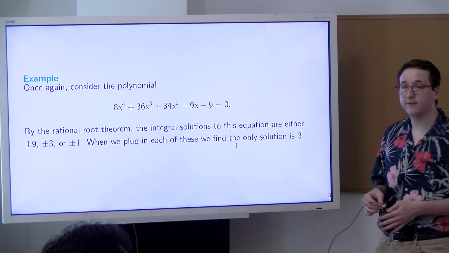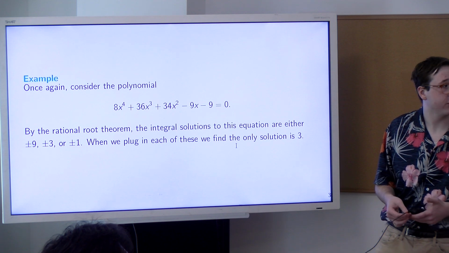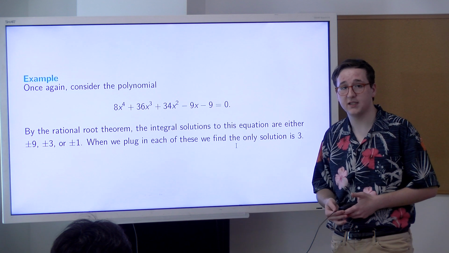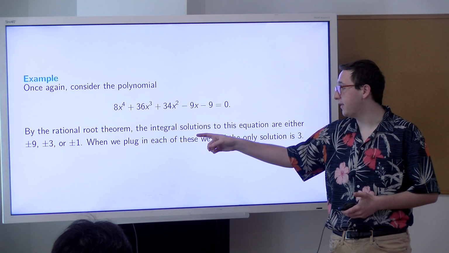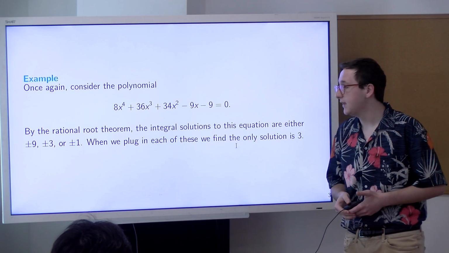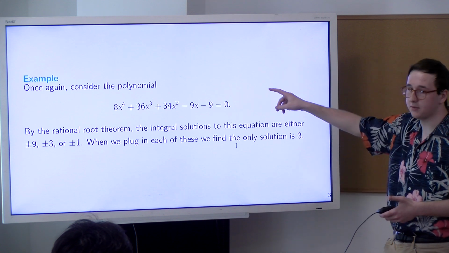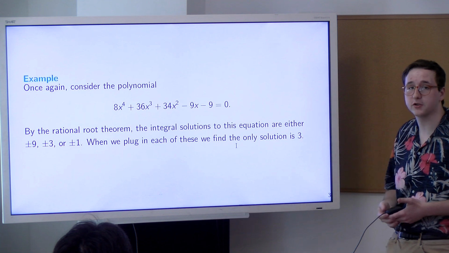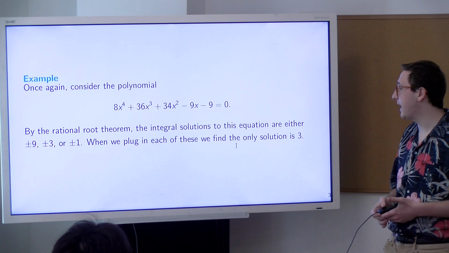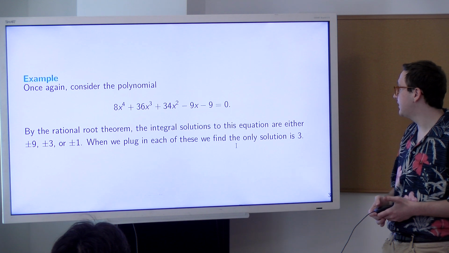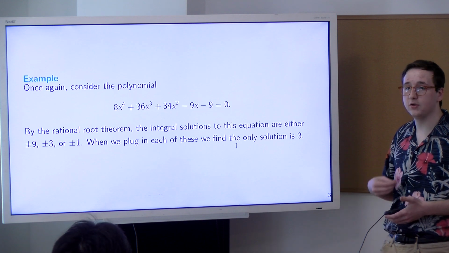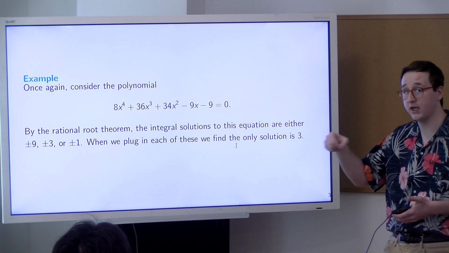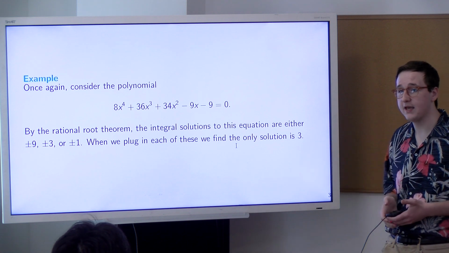We can find all integer solutions using the rational root theorem to determine 6 candidates, which we need to test: plus minus 9, plus minus 3, and plus minus 1. The only solution, if you just plug it in, is 3. So yes, this does have an integer solution. The only integer solution is 3. And so the rational root theorem gives an algorithm to determine whether an arbitrary polynomial with integer coefficients in one indeterminate, only one variable, has a solution.